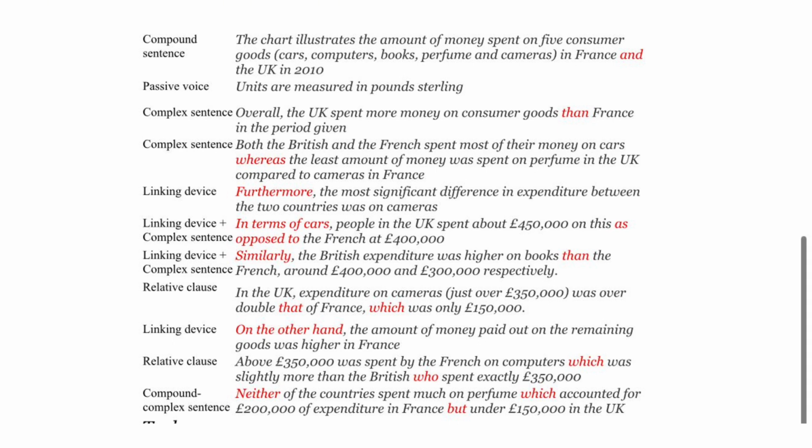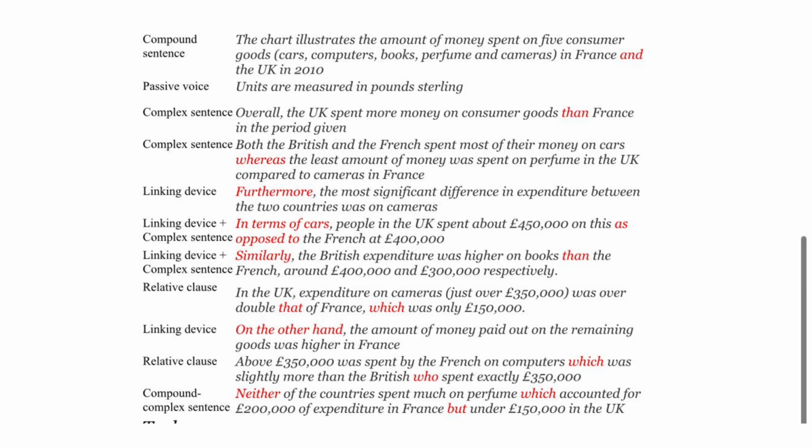So basically, you can see that more complex sentences are used and connectors, linkers are also used. Similarly, the British expenditure was higher on books than the French, around 400,000 pounds and 300,000 pounds respectively. Now, in the next sentence, a relative clause has been used.